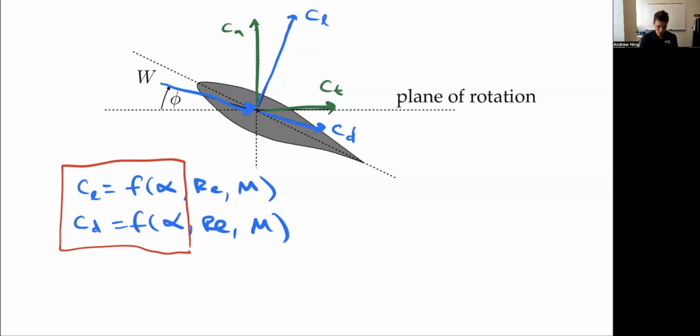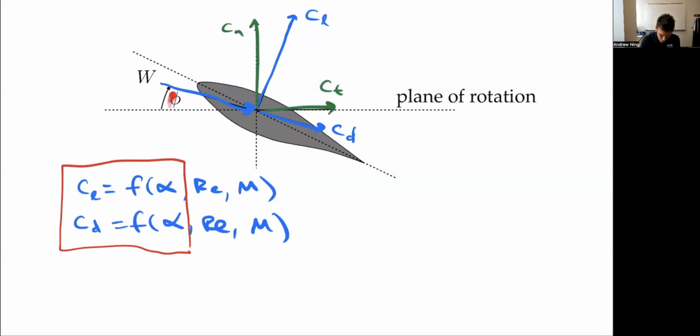Those are the ones that I care about, because every blade section is going to be twisted at a different angle and have a different angle of attack. So the lift vectors are going to be pointing in different directions along the blade. And I want to get the components in the same directions across my entire blade. So I'm going to get this normal force, tangential force.